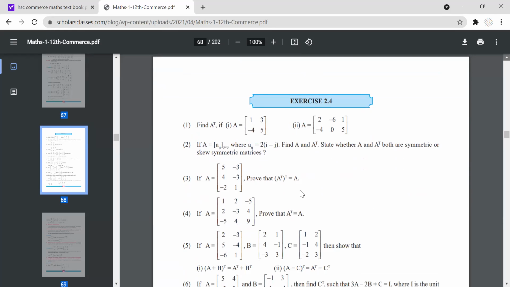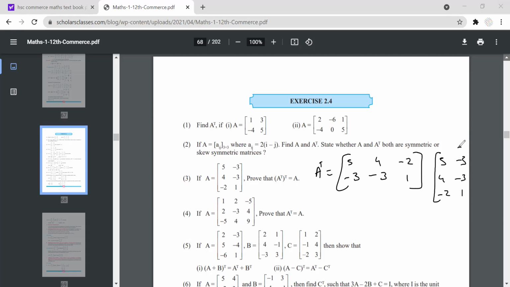Now next, if A is a matrix given to you, you have to prove that (A transpose) transpose is A. A transpose क्या होगा यहाँ पे? ये A ट्रांसपोज है. इसका वापस ट्रांसपोज करोगे तो क्या मिल जाएगा?